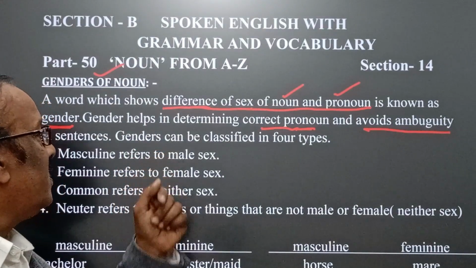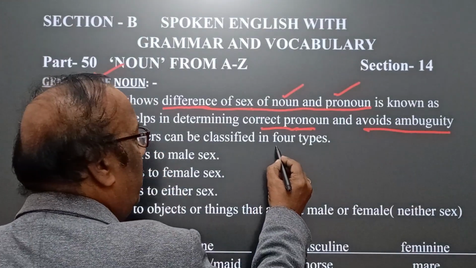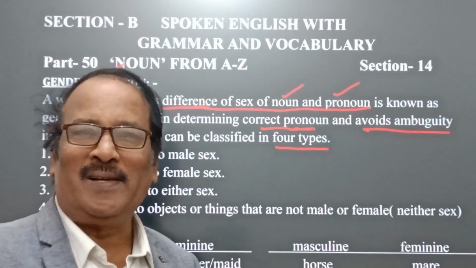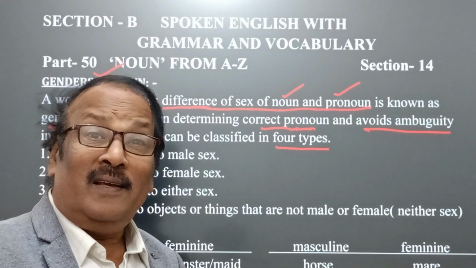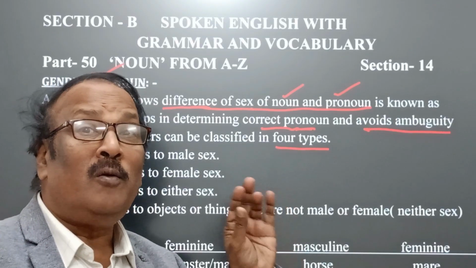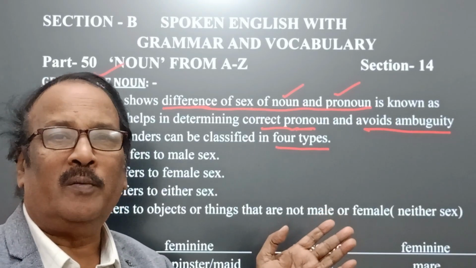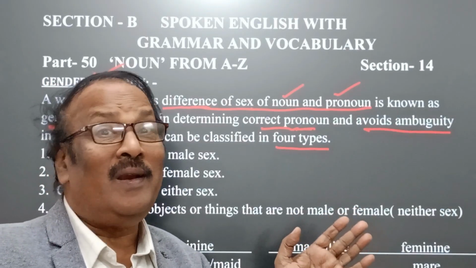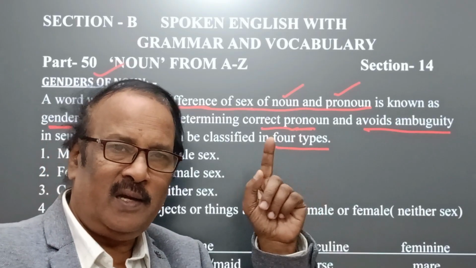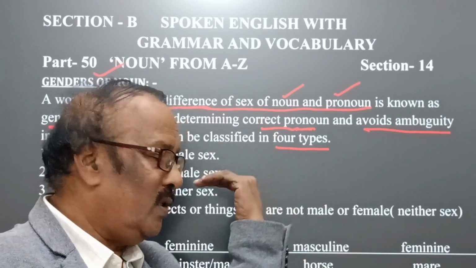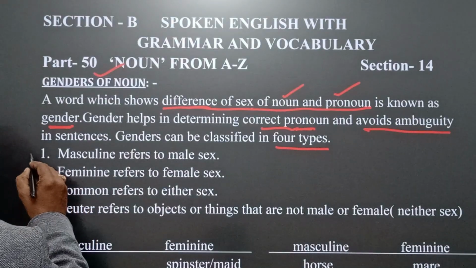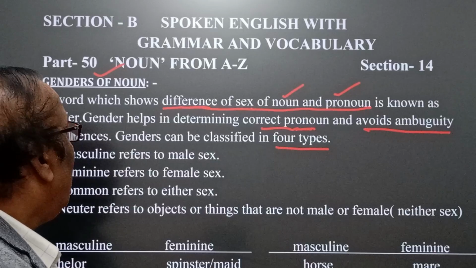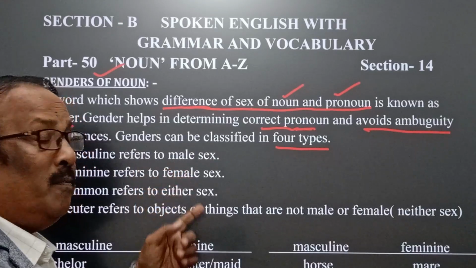Again, genders can be classified into four types, as you know from your previous classes. In this class, therefore, we want to know what our four types of genders are and how they are used correctly at the time of speaking and writing. Now see, the first one is masculine gender, which refers to male sex.